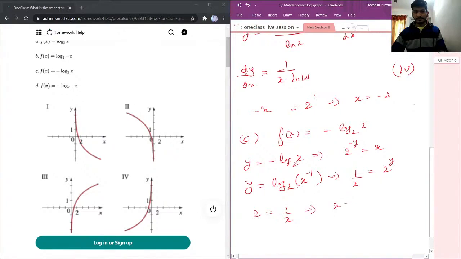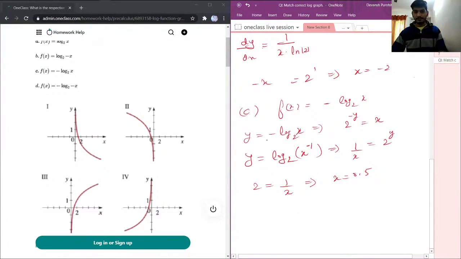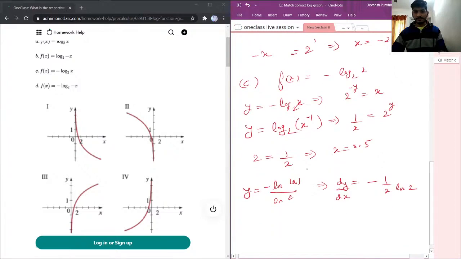This implies x will be 0.5. And for the slope, y equal to negative of ln of x over ln of 2, the derivative will be negative 1 over x ln 2. So my slope is going to be negative, and positive x will have positive y. So for the first quadrant, positive x, positive y, my slope is going to be negative. So for C, my option is going to be 1.